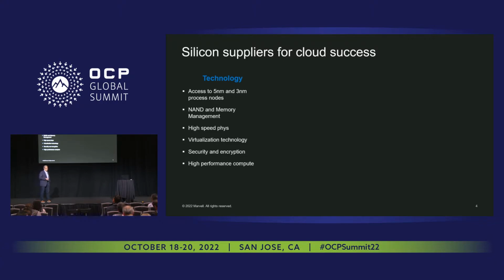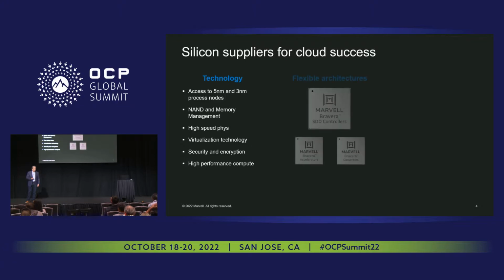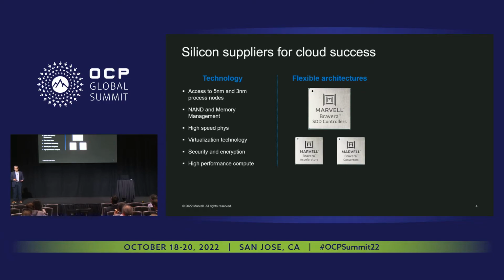And of course, we need to be able to have technology to support the different types of virtualization, whether that be hypervisors or containers. And of course, security is very important. And we can also say that high performance is also key. So a flexible architecture can be applied to either a SSD controller or an accelerator, or even for a converter, in this case, from NVMe to NVMe over Fabric.